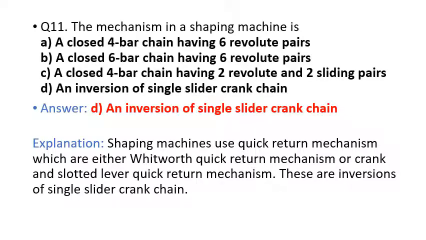The answer is D. Explanation. Shaping machines use quick return motion mechanisms, which are either the Whitworth quick return mechanism or the crank and slotted lever quick return mechanism. These are inversions of a single slider crank chain.